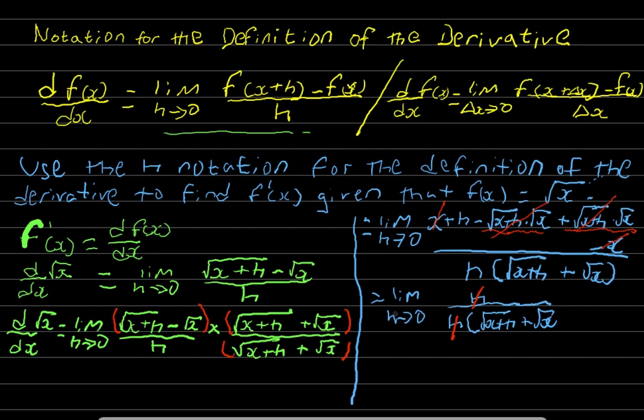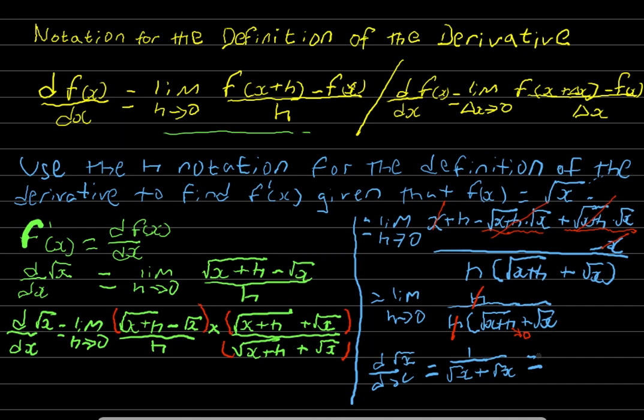And if this h tends to 0, if the limit tends to 0, then we are going to have the derivative of square root of x over dx equal to 1 all over square root of x plus square root of x.